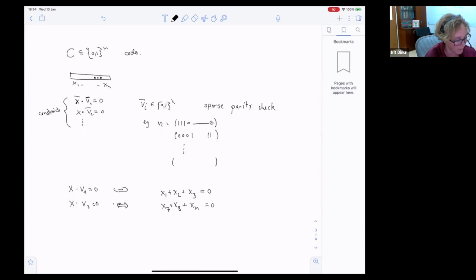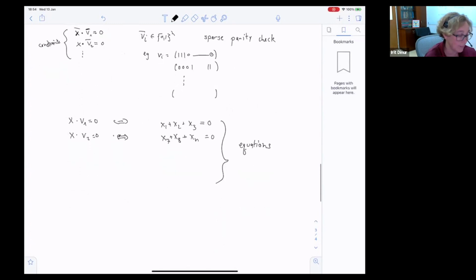So what I have in the end is a bunch of equations, and each equation is very sparse. By the way, I don't necessarily expect these different Vi's to be linearly independent. There could be redundancy. There could be more equations here than n, and yet the code still has many solutions. So there are many codewords in this space.